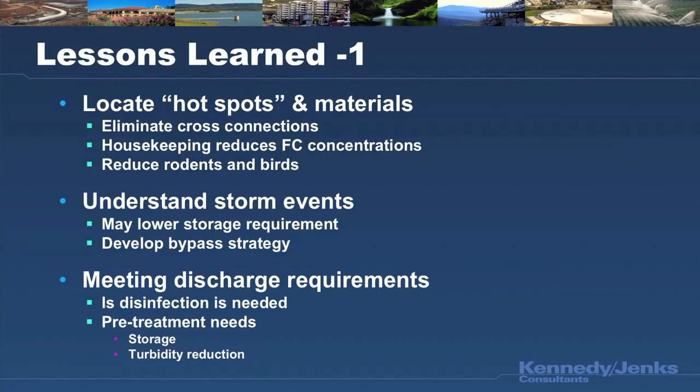So lessons learned. In terms of the first part of my talk, I talked about trying to identify hotspots of materials that would be causing some fecal coliform, trying to eliminate cross connections, and housekeeping reduces fecal coliform concentrations, reduce rodents and birds in terms of the sources, understanding the storm events, and then meeting the discharge requirements, trying to determine if disinfection is needed.